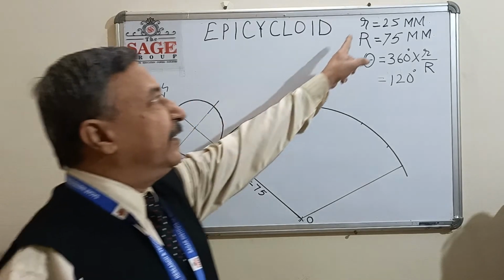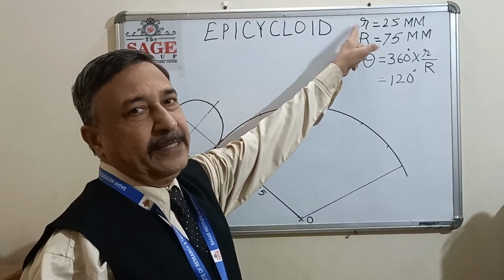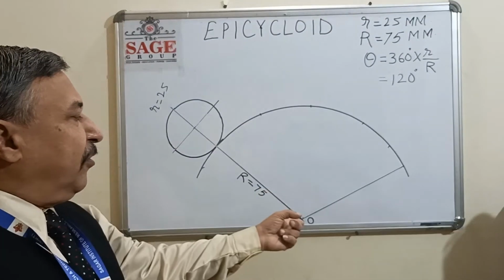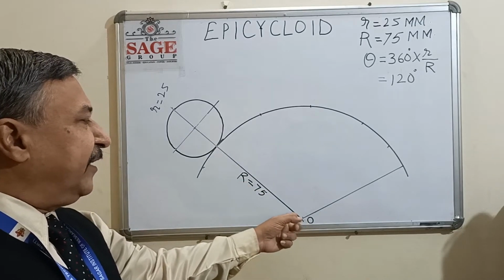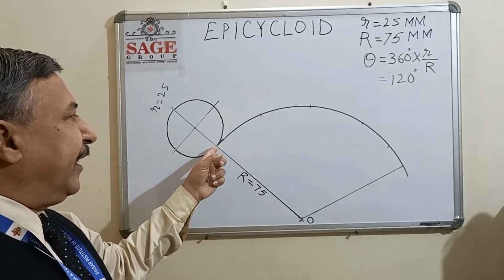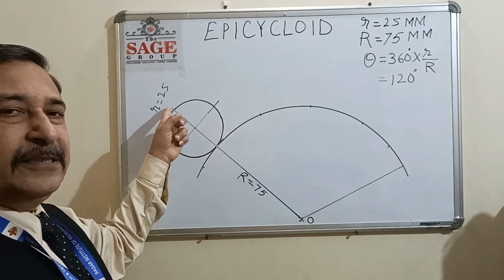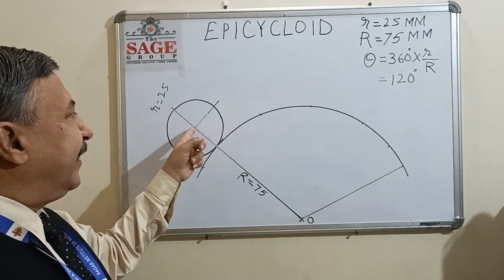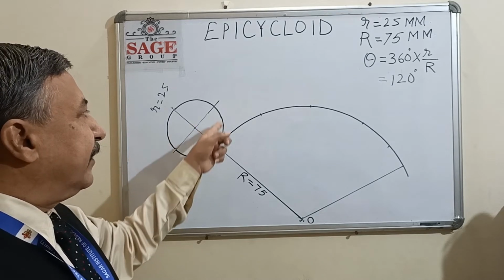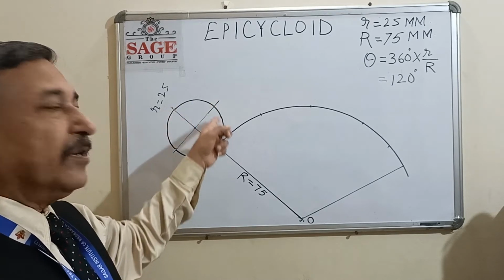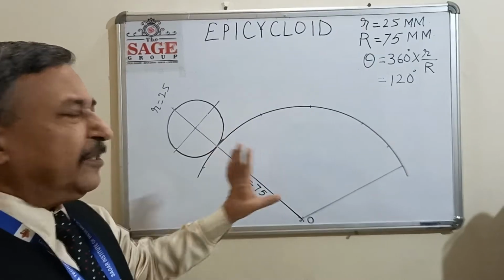This is the radius of the rolling circle, that is 25 mm. For construction, from this center we join a line and extend it, take radius r here, small r, and draw a circle. So this is the basic construction.